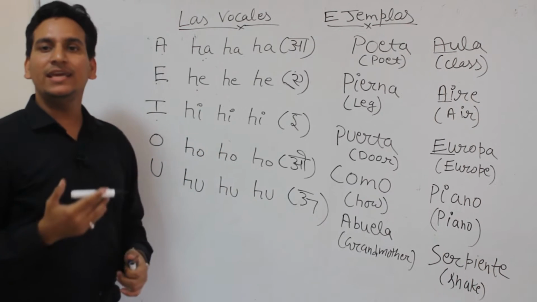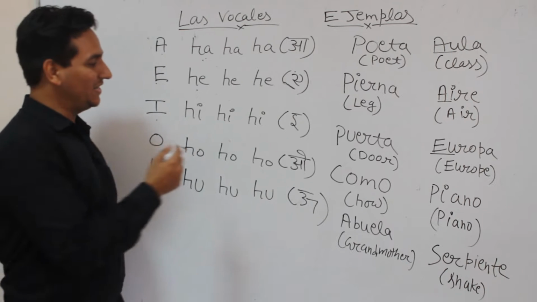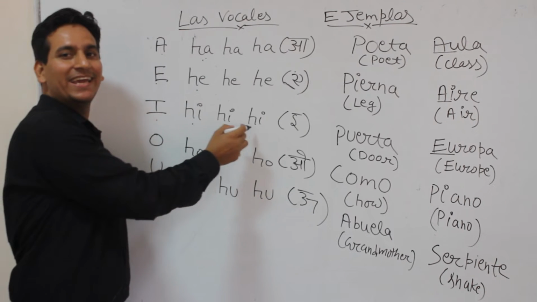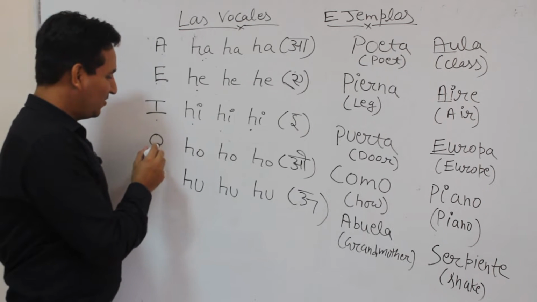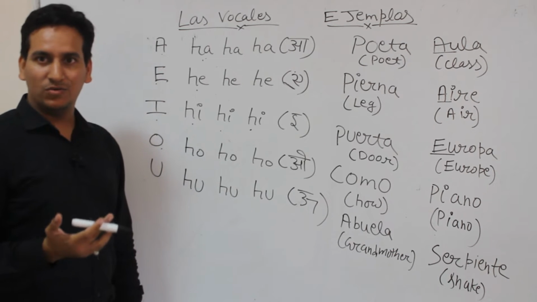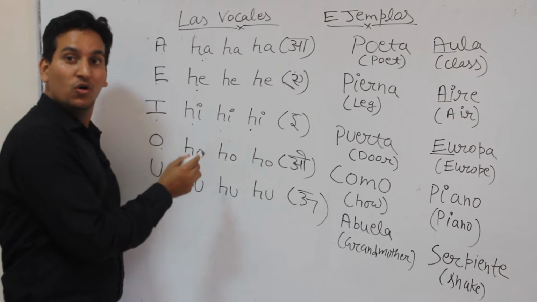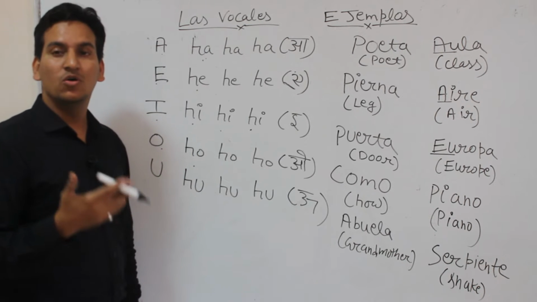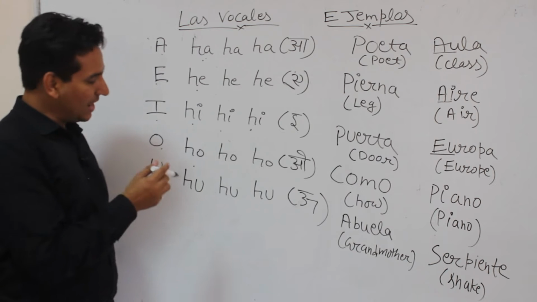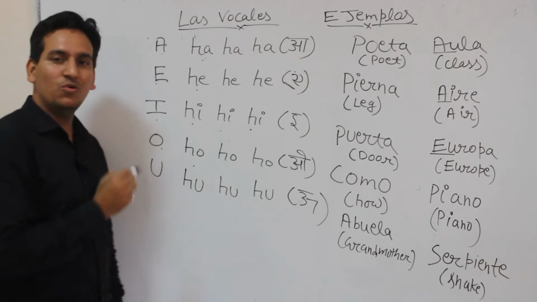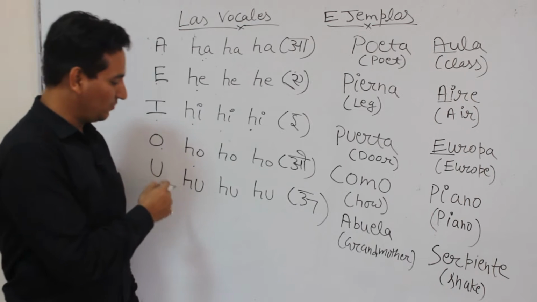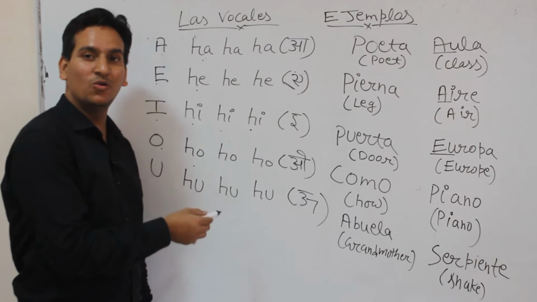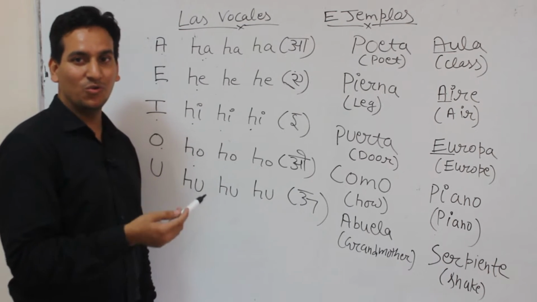I gives E sound, so it is he, he. And O gives O sound, and therefore ho, ho, ho. And the last one is U, which gives U sound in Spanish, and therefore it is hu, hu, hu.